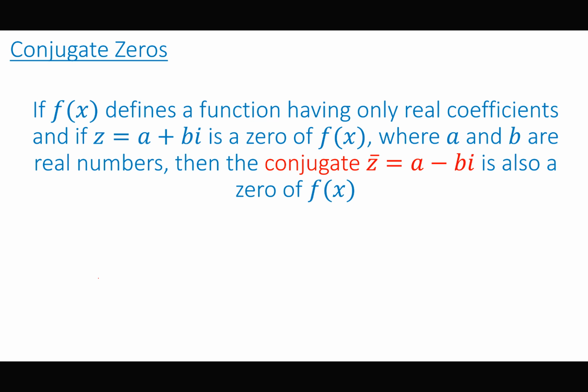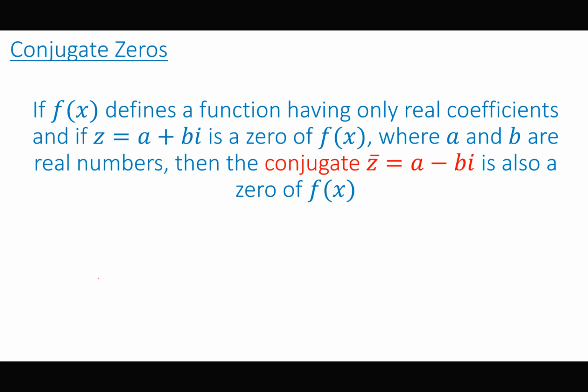Okay? So conjugate zeros. If we have some function f of x that defines a function having only real coefficients, and some z represents a complex number a plus bi that is a zero of my function f of x, where a and b are real numbers, so that it could be 2 plus 3i. That's a complex number, but 2 and 3 are real numbers.